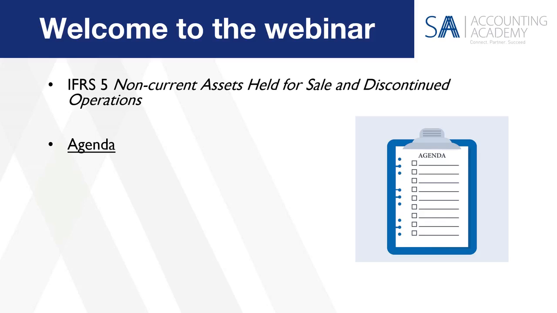So from a presentation point of view, we know that we'll have to present these assets in a different line item. But if this asset, or more likely the disposal group, also represents a discontinued operation, then there's also presentation as well as disclosure consequences for the discontinued operation, and that we'll then deal with at the end.